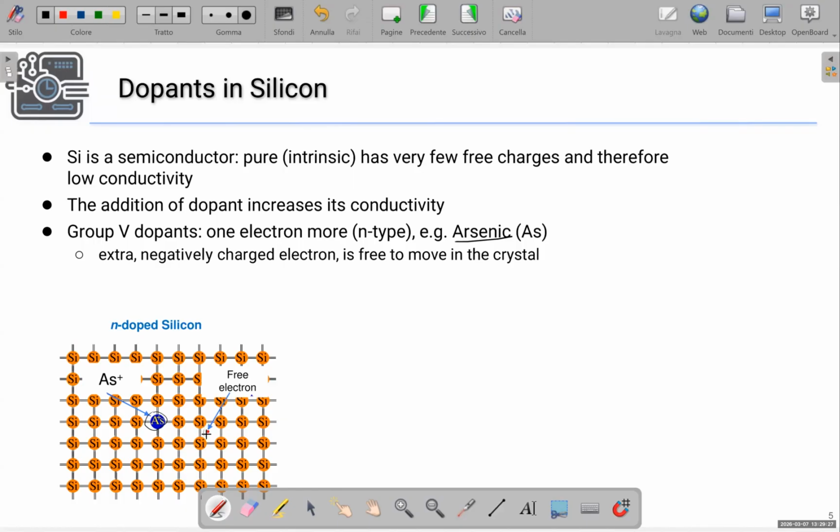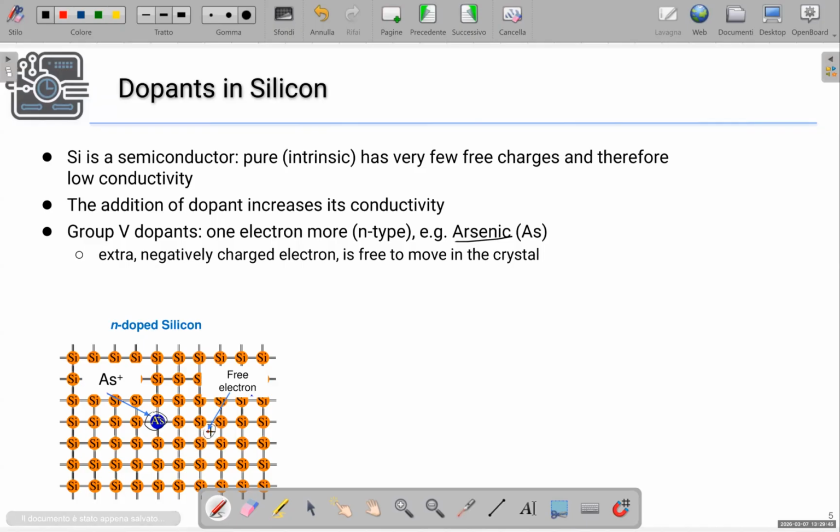So by replacing some silicon atoms with arsenic atoms, we increase the density of these free electrons, and in the end we can increase the conductivity of the material.